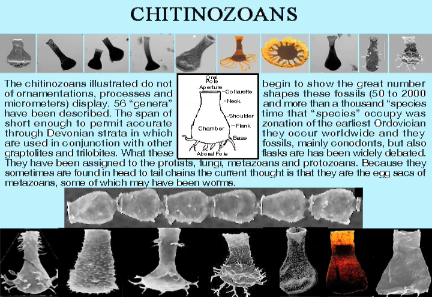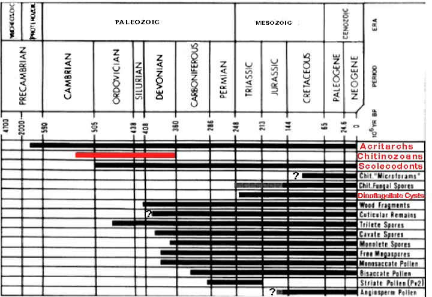What they are is unknown, but the occasional finds of aperture to base chains, as shown on this slide, suggests that they may be the egg cases of metazoans, possibly of worms. Their range is late Cambrian to Devonian. In their range of occurrence, they provide good biostratigraphic information, for they change rapidly and have a nearly worldwide distribution.